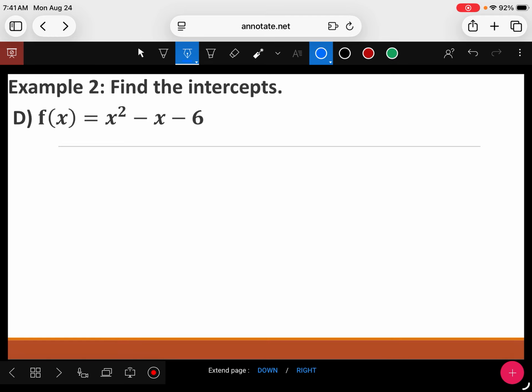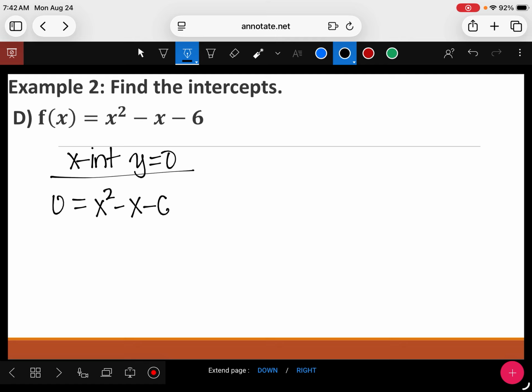Now let's look at D. When you set this equal to 0, when I'm looking for my x-intercepts and y equals 0, the only way to solve this, well, I shouldn't say the only way, but you're going to have to factor this down or do the quadratic formula.